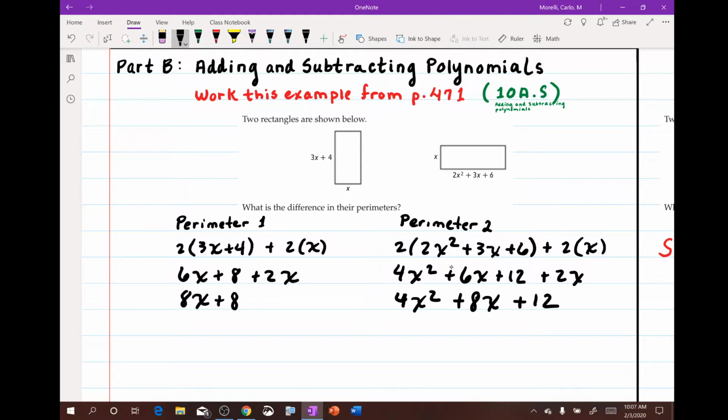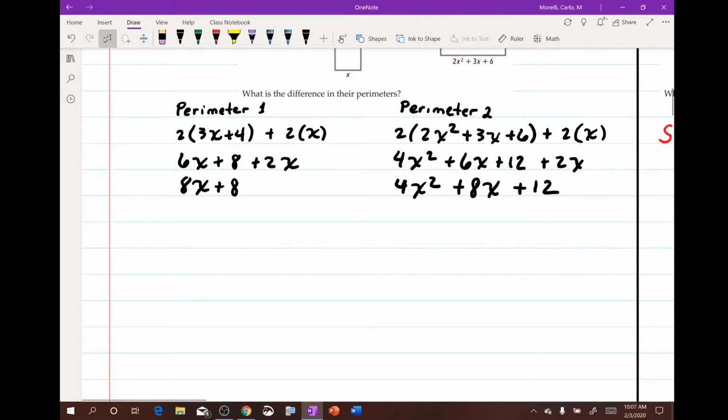Now we take the difference. Okay, so I'll show two different ways to do this, and you use the way that you like the best after you see both ways. But I want you to write down both ways. So here's the difference, and this is going to be way 1.